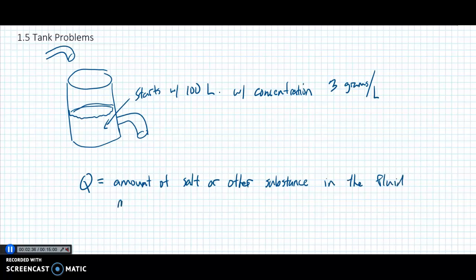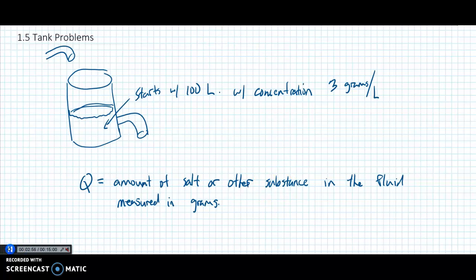In this case, measured in grams. And eventually I want to know what Q is. So when I throw some other things in here, Q is going to be changing over time, and I want a function for Q with respect to time.